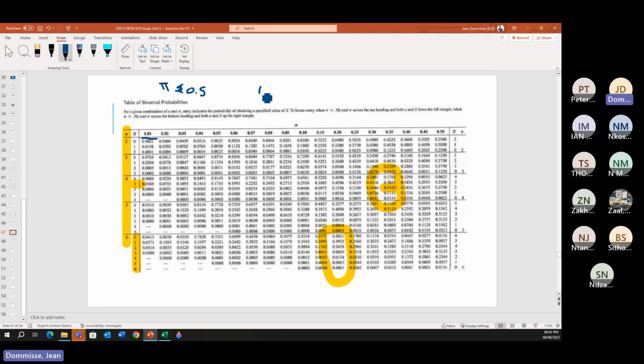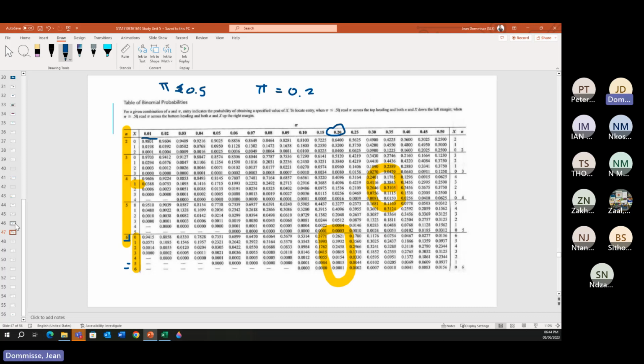So when we had the pi equal to 0.2, there it was. We remember we looked at n and x. We would have gotten the values there, and it's very simple to read it off because we know where the 0.2 is, we know where the x is, we know where the n is.